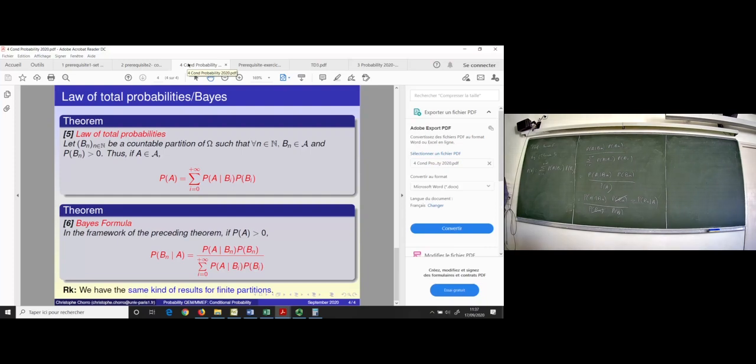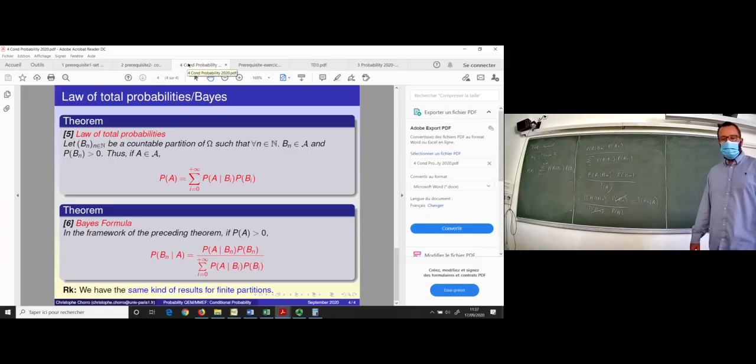No documents would be allowed. Questions? Okay, so today what we have seen is a definition of conditional probability, the law of total probability and Bayes formula. Not that much, in fact.